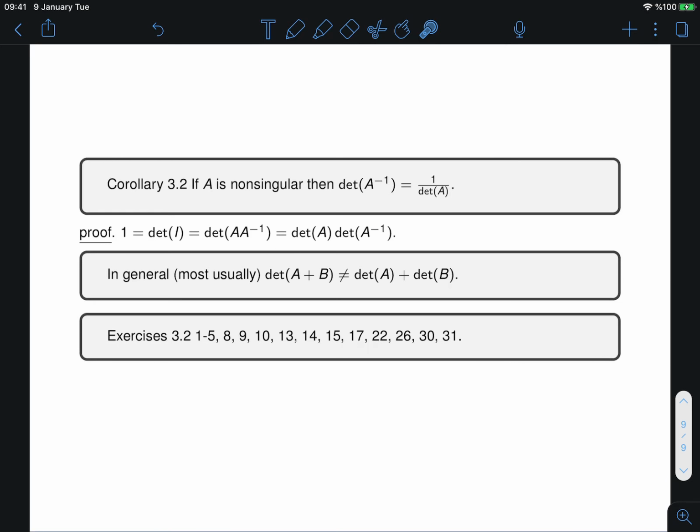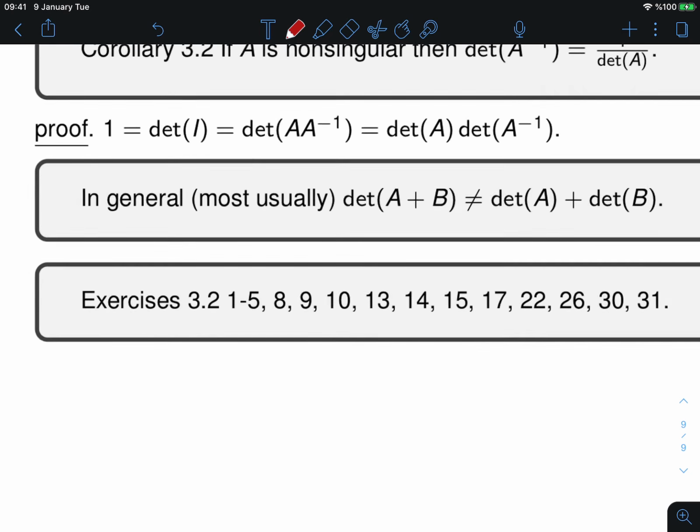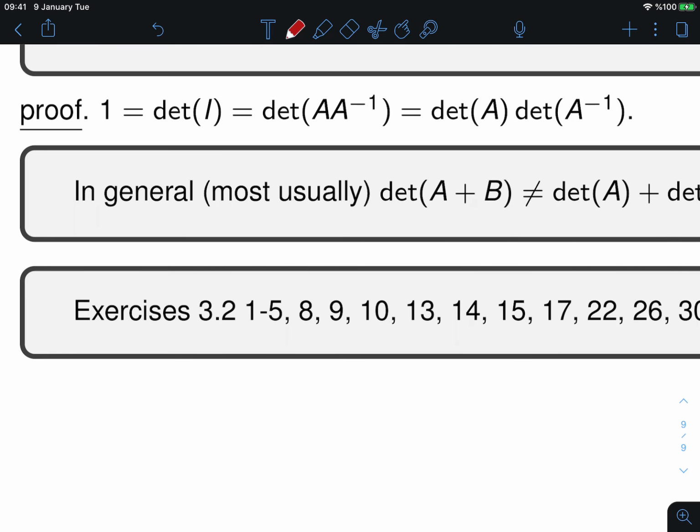A common mistake that students usually make is this: you can separate products of matrices when computing determinants, but you cannot do this for matrix sums. In general, the determinant of A plus B is not equal to the determinant of A plus the determinant of B. Let's see an example of what I said.